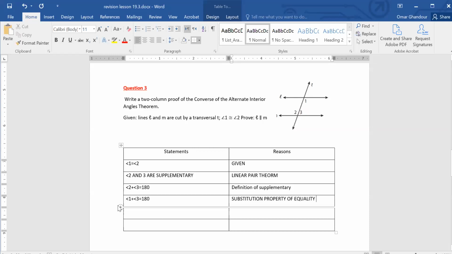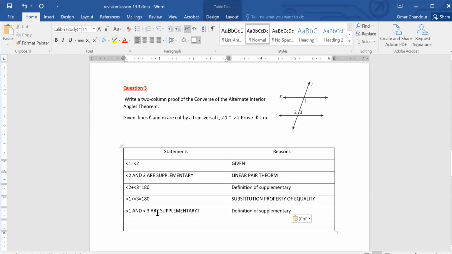And then, since they are equal to 180, we can say that angle 1 and angle 3 are supplementary. Again, this is the definition of supplementary.